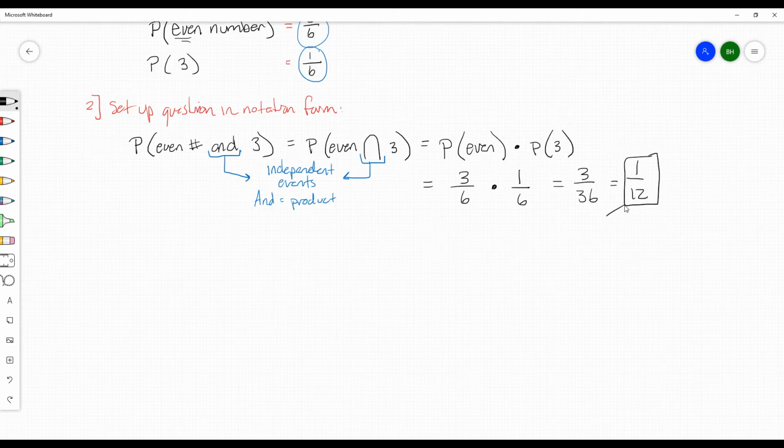So we have the probability, and you can rewrite this in proper notation: the probability of rolling an even number and a 3 is 1 out of 12. So this could be your solution response.